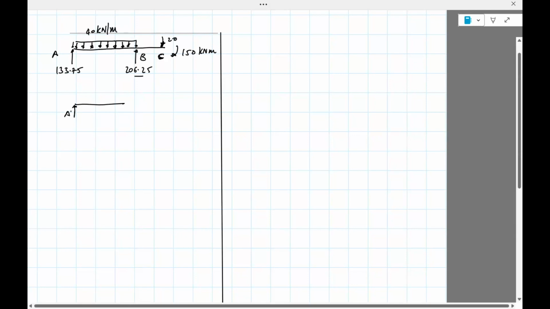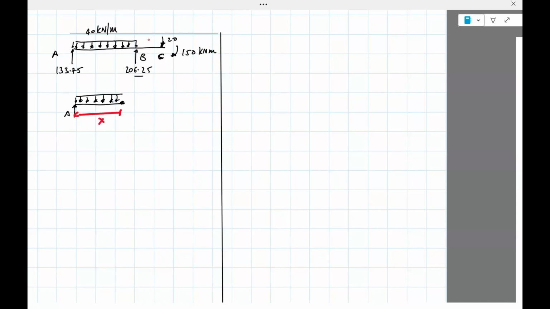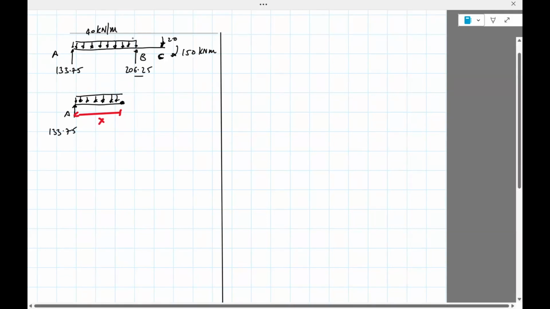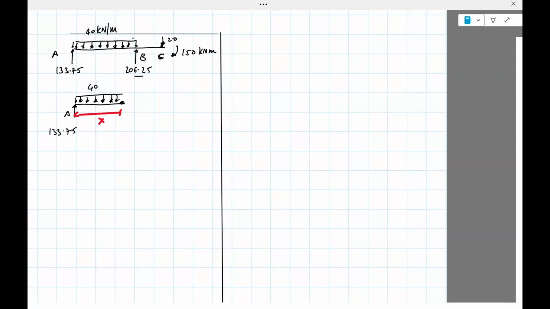A. So we put a cut right there. We have x, 133.75, 40, and that's about it. Again, our convention when we go from left to right is that downwards is positive.